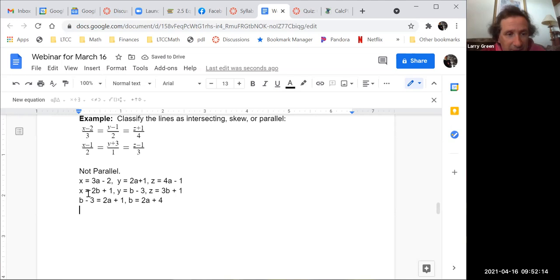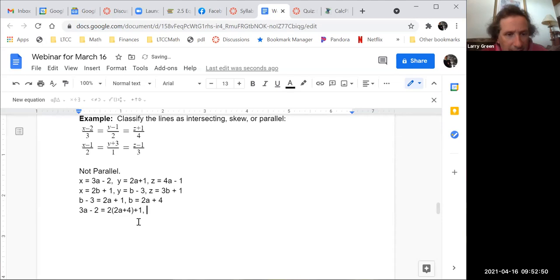All right, so if b is 2a plus 4, I can pop that into the x equation. We know that 3a minus 2 is equal to, well, this x and this x have to be the same, so 2 times b, which is 2a plus 4, plus 1. Any questions on that?